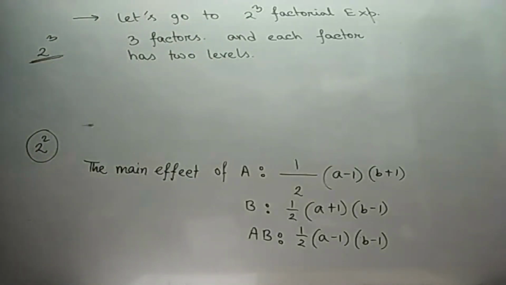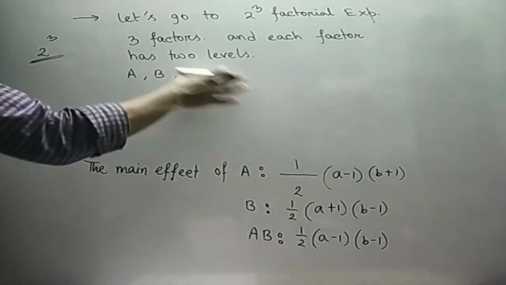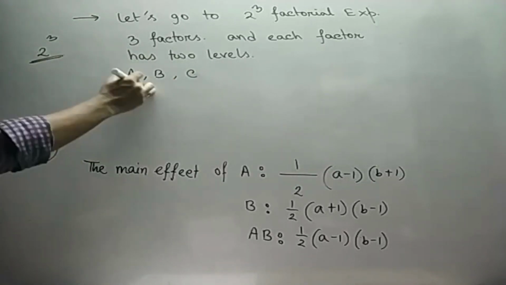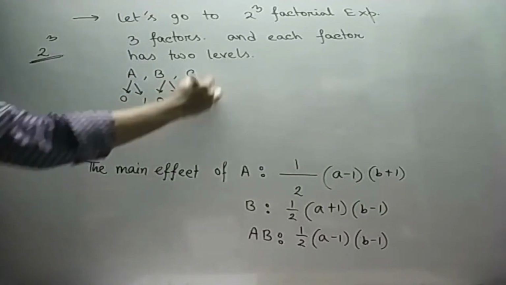That means if we have the factors A, B and C, then each and every factor has 2 levels, that means 0 1, 0 1 and 0 1.